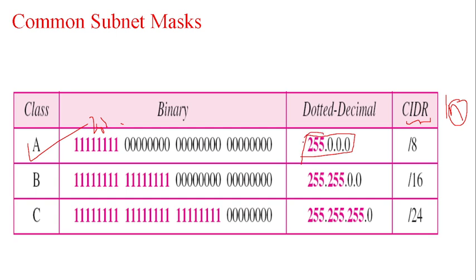So here how many bits are reserved for network ID? 8 bits. So it is /8. This is the class B subnet mask, 255.255.0.0. So the /n is /16. And the class C, 255.255.255.0. And the /n is /24. So these are a few common subnet masks.